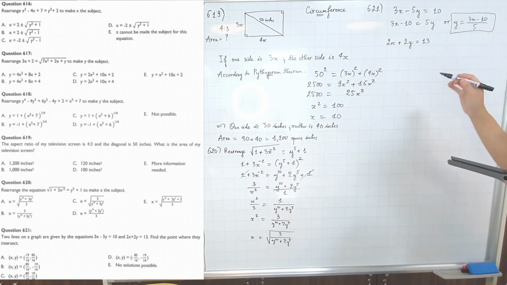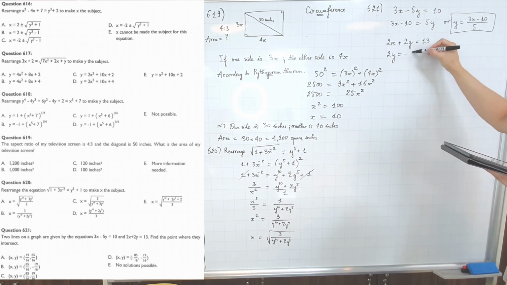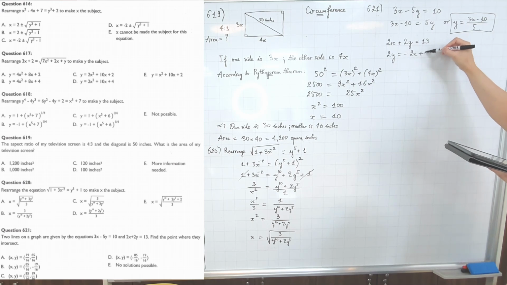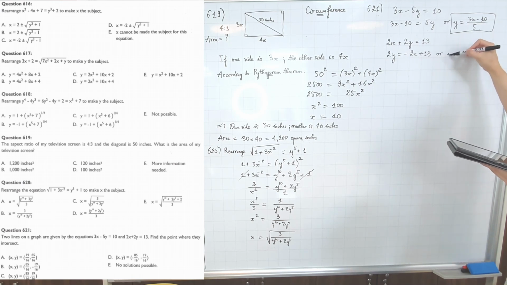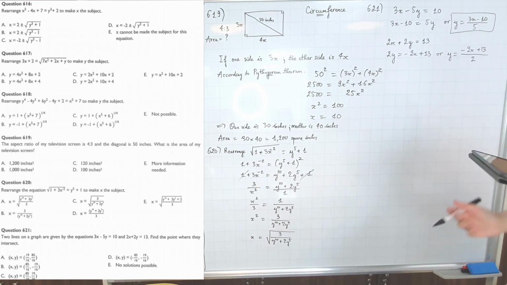Okay, fine. So 2y equals minus 3x plus 13, or y equals minus 3x plus 13 divided by 2, isn't it? This is your second line.